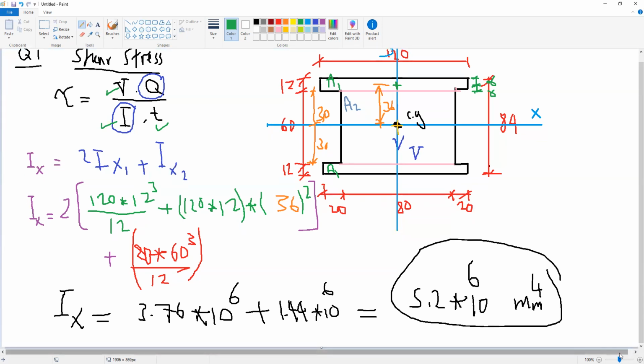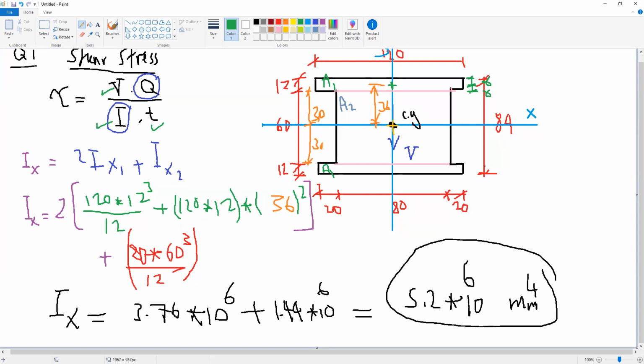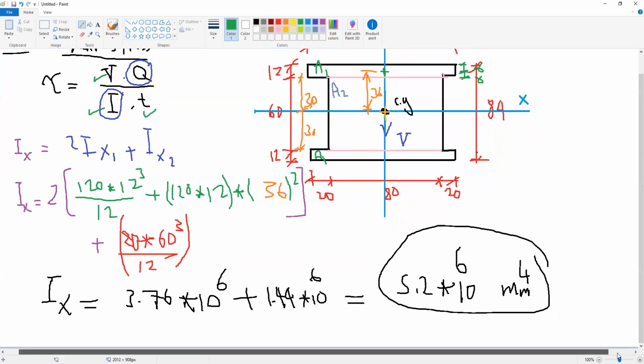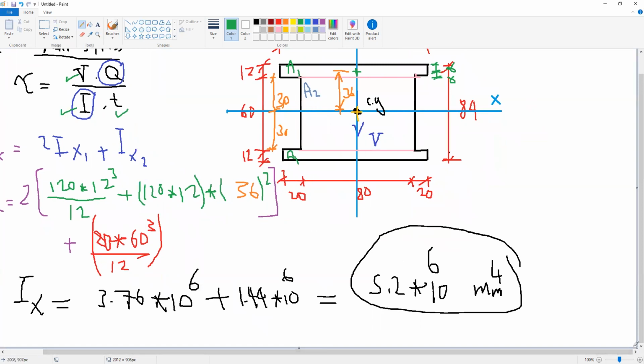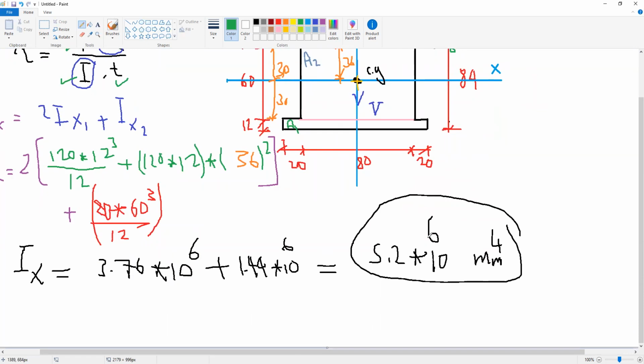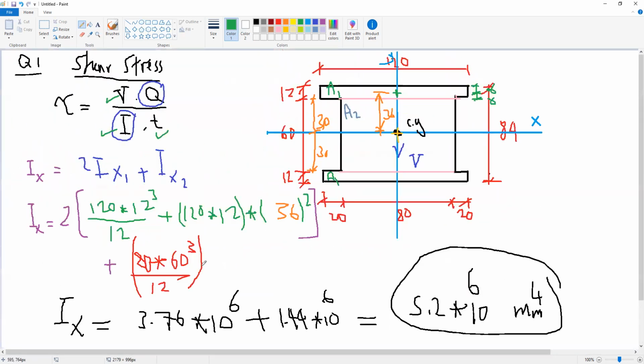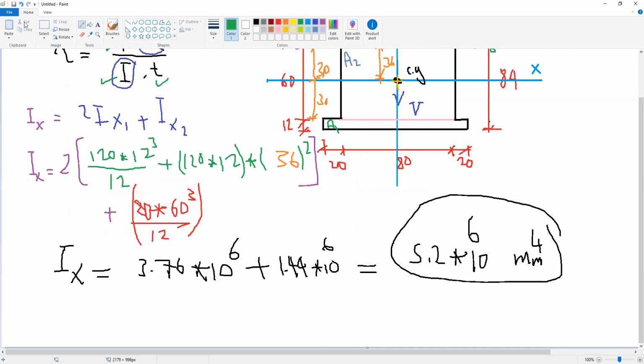Just extend this. The definition of Q is the moment of area.